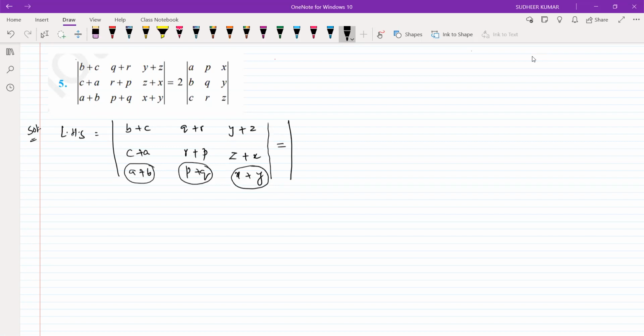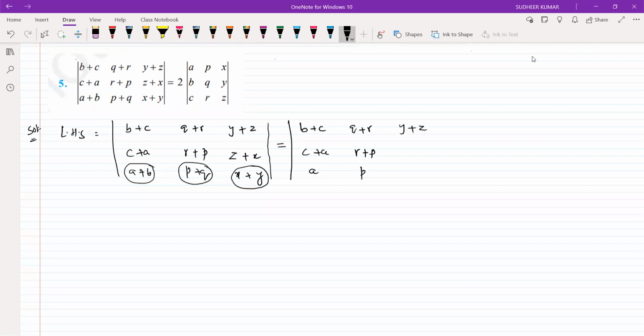Sum of 2 determinants, right? So now we are going to do the same. So this is B plus C, this is C plus A, and this is A. Next, this is Q plus R, P, and P. And the next one is, what's the next one?